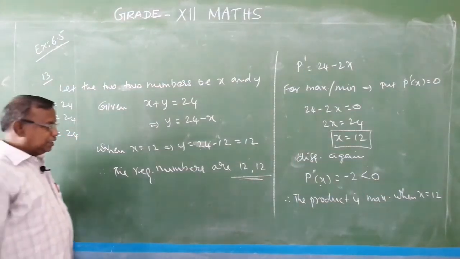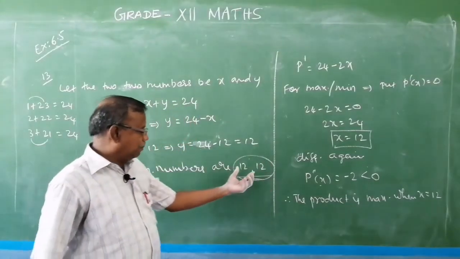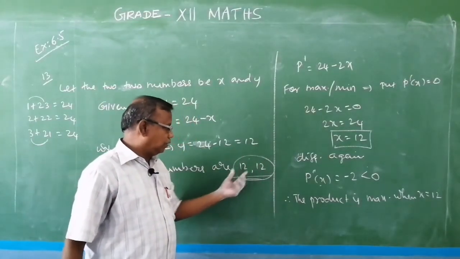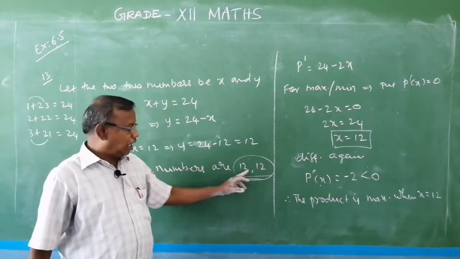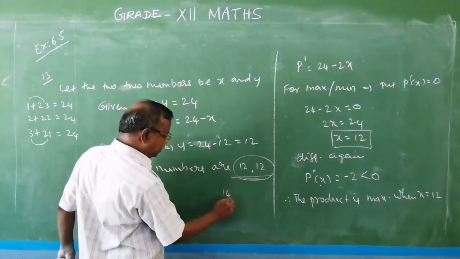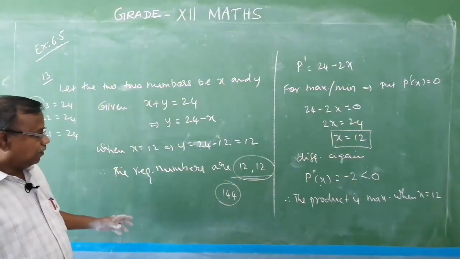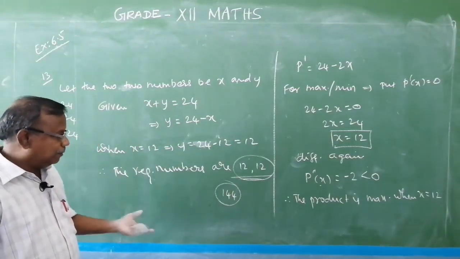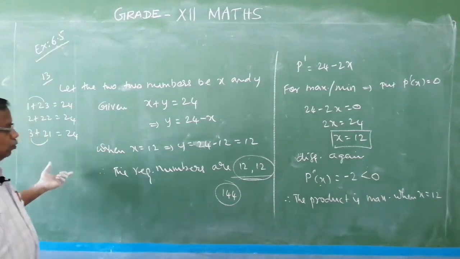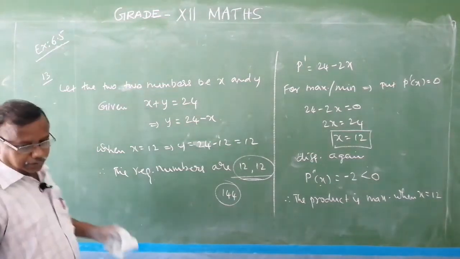The pair of numbers 12 and 12, whose sum is 24, gives the maximum product. Here the product is 12 into 12, 144. 144 is the maximum value obtained by multiplying two numbers whose sum is 24. Thank you.